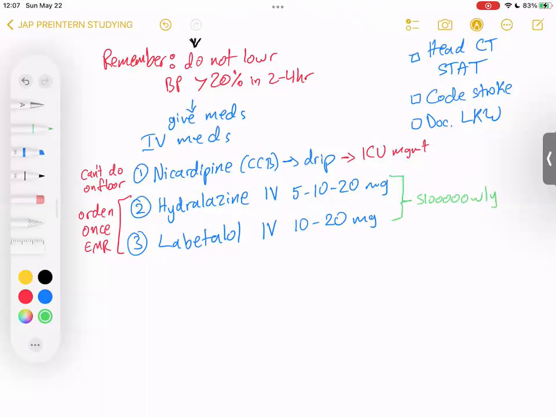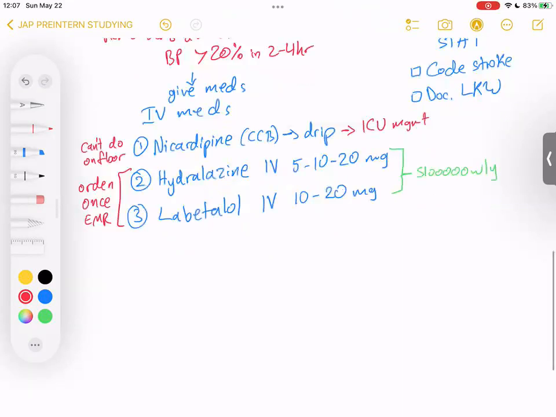You might think that now I ordered the hydralazine, the nurse is going to walk up to the patient and give hydralazine. And you will be wrong, because that's not going to happen on the floor, okay? Why? Because most hospitals have a protocol that these IV antihypertensives cannot be administered by a nurse.